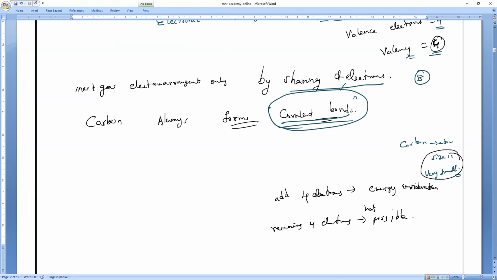So please write it: the outermost electrons are strongly held by the nucleus. That is the reason we cannot remove or add electrons for carbon.